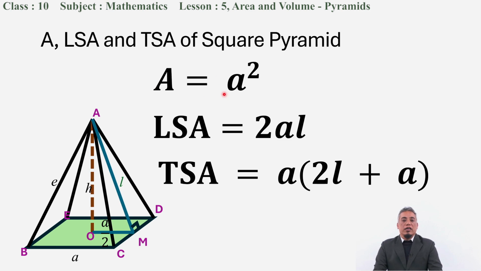First is on base area, second is on lateral surface area or triangular faces, or third is on total surface area. So after reviewing these area of different parts of pyramid, now we start our discussion on volume of a pyramid.